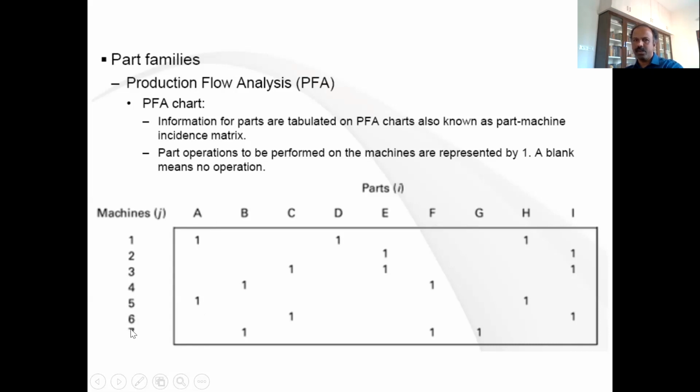Please understand, we will not have any use out of this, because A is not to be operated by machines 2, 3, 4, 6 and 7. Unnecessarily, we are moving the part onto those unnecessary machines, by which the production time is increased and the work in process is going to be larger. Now this we need to understand.